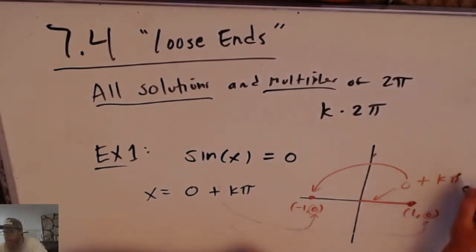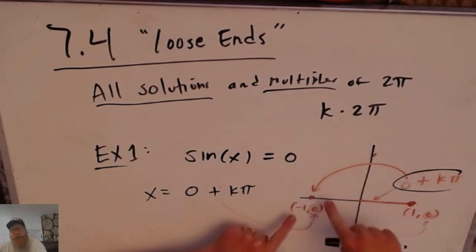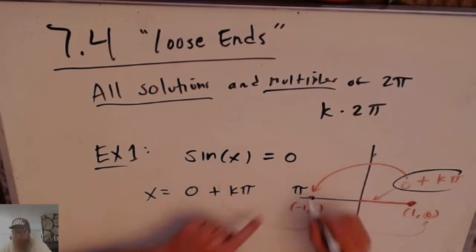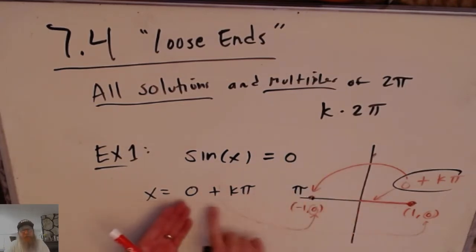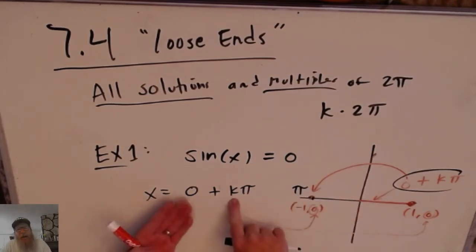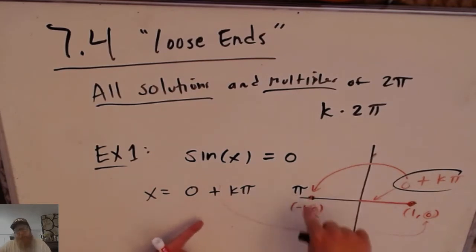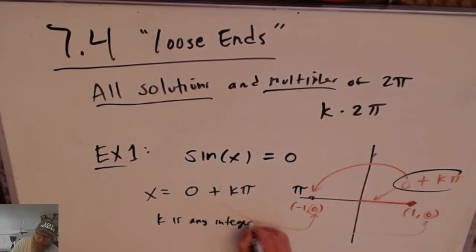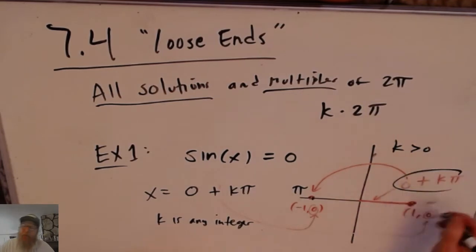And if you start with 0 plus k pi, that includes the point that's at pi. That would be included as the first multiple. If k was equal to 1, then that would give you this multiple. And k is any integer. So when k is positive, you're going around counterclockwise.